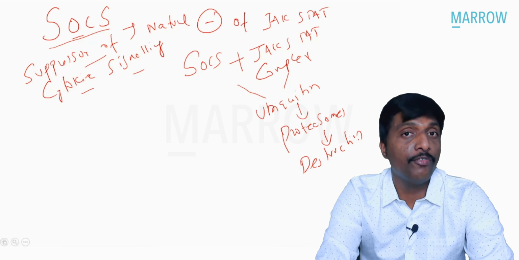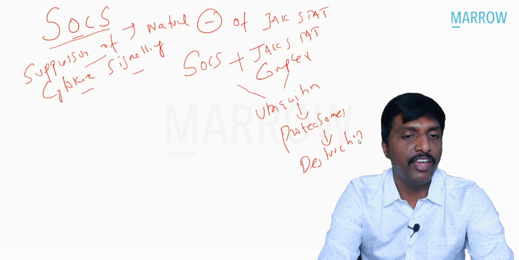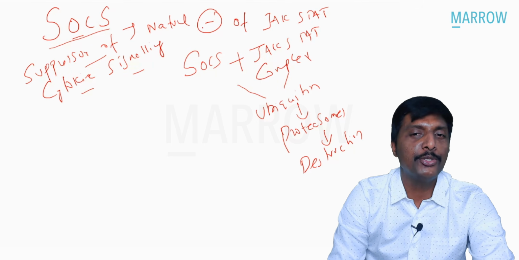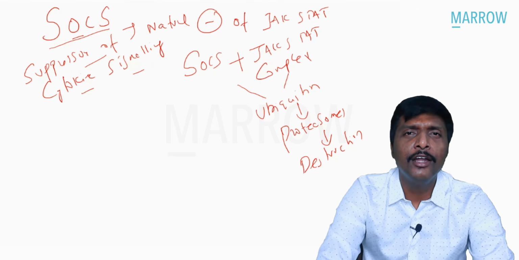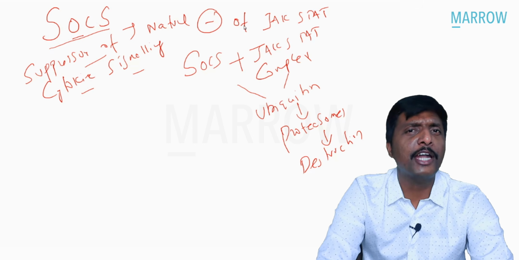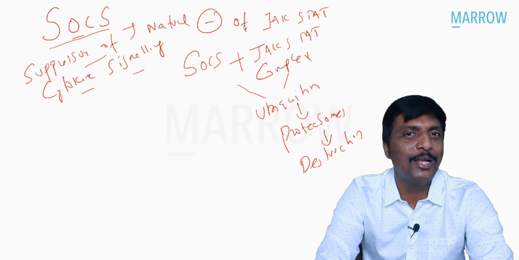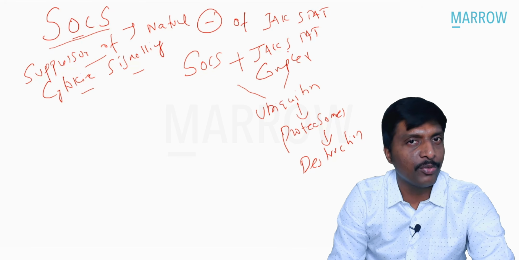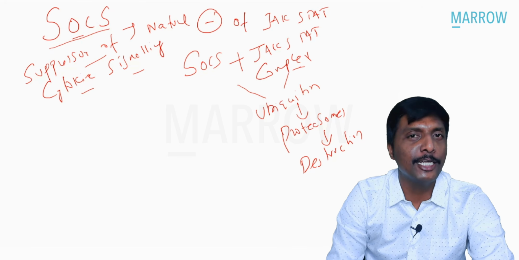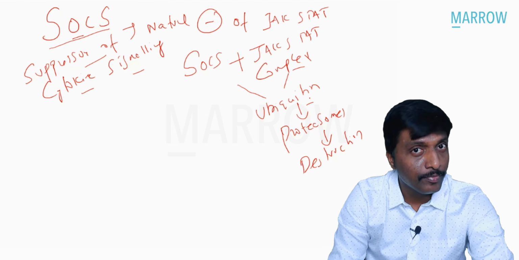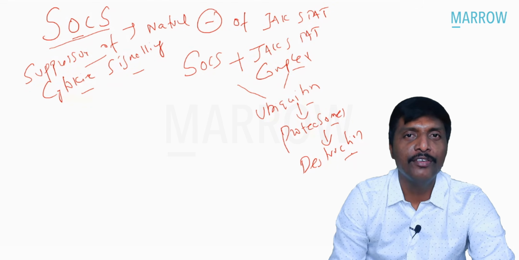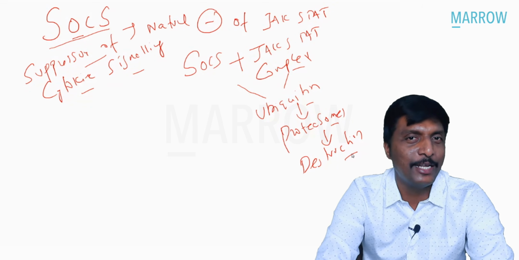Very important point for you. It can be asked because suppressors of cytokine signaling are the natural inhibitors of JAK-STAT. Knowing this as a fact is no longer needed. You have to remember the concept. What is the concept? When SOCS combines with JAK-STAT pathway elements, this complex induces the binding of ubiquitin. They will be taken to proteasomes, eventually destroyed. When they are destroyed, it means no further signaling.